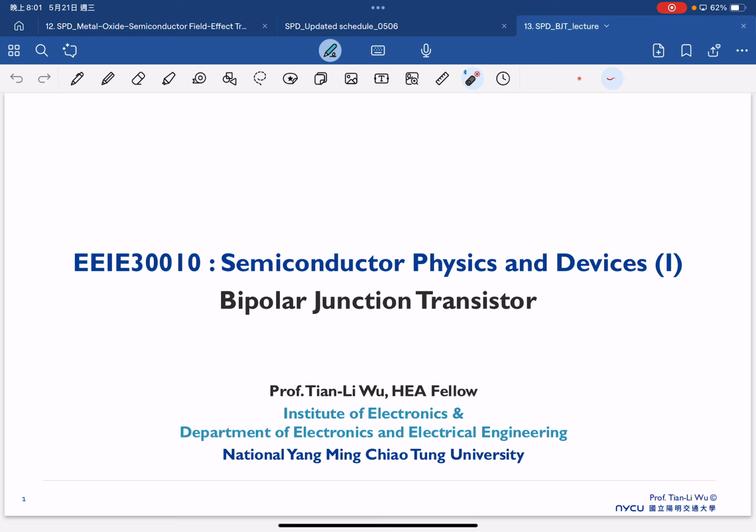And recently, I realized that one of my students just got a job offer from TSMC as a 2 nanometer device engineer. When we talk about 2 nanometer, we always think it's probably advanced FinFET or gate all around. But one of the surprising things is that the manager who interviewed him asked a lot of questions related to the BJT.